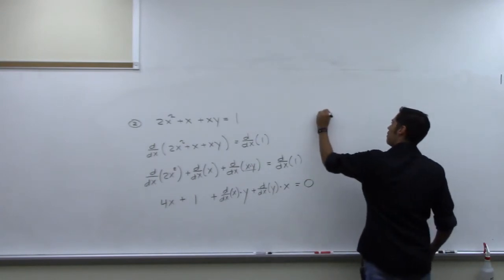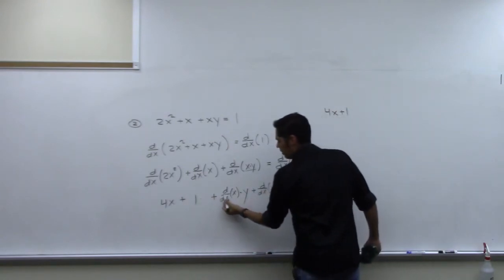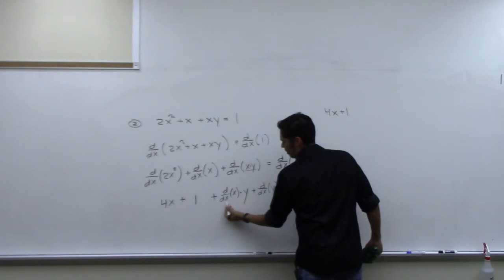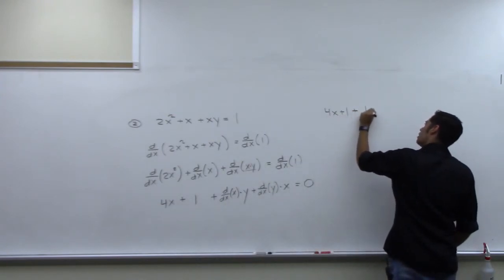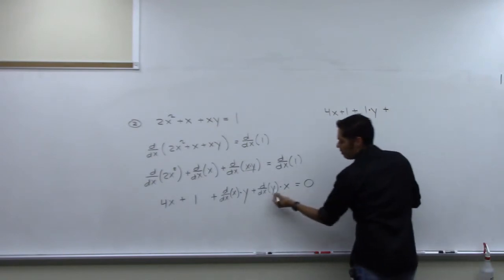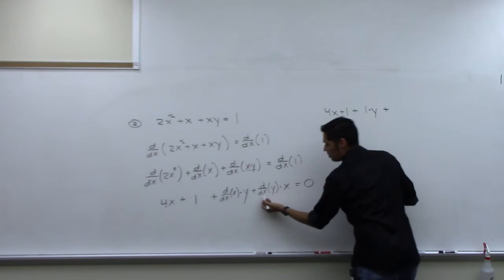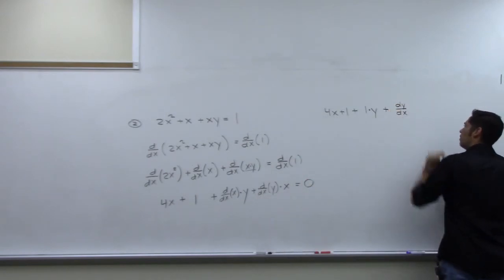Now this is 4x plus 1. That's this. And then now, what is the derivative of x with respect to x? Well, that's just 1. So we get plus 1 times y. And then plus, what is the derivative of y with respect to x? Well, that's what we're trying to find out. dy dx, that's what we're looking for.